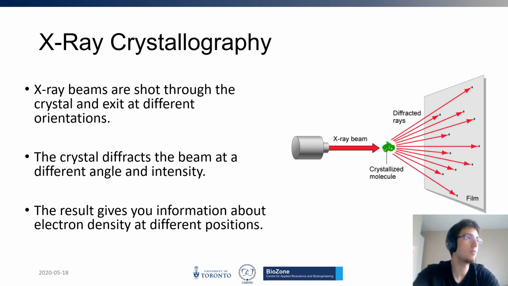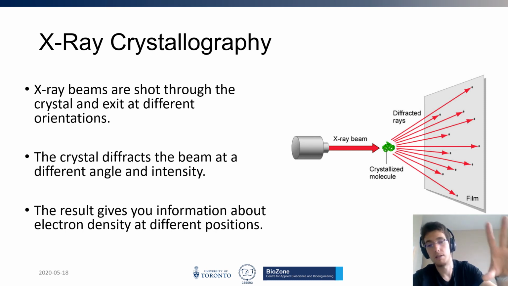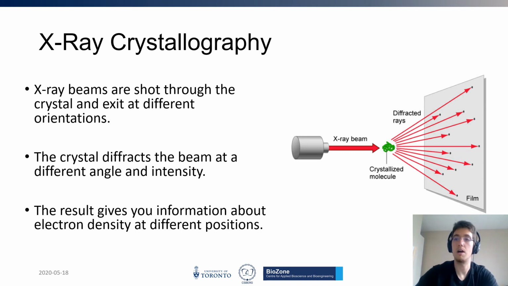And what you do there is essentially shoot an X-ray beam at the crystal. And what the crystal will then do is diffract the X-ray beam accordingly, right? And that diffraction pattern tells you a lot about the location, or the electron density, to be more clear.